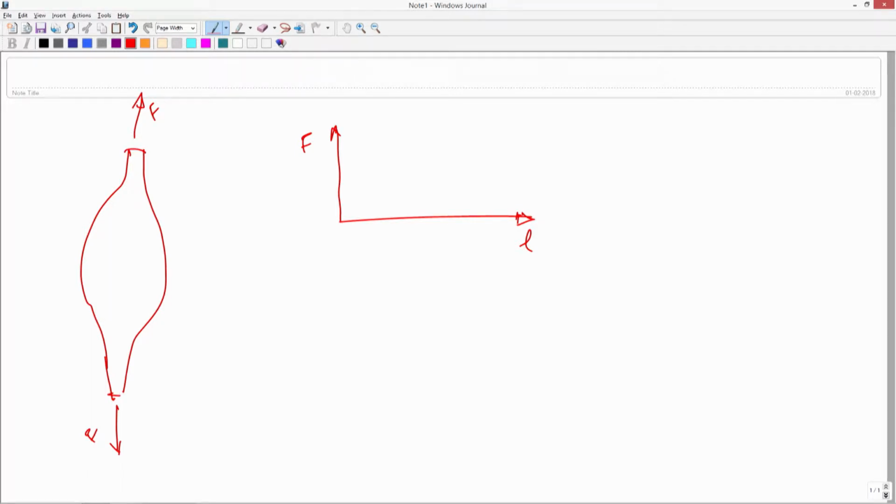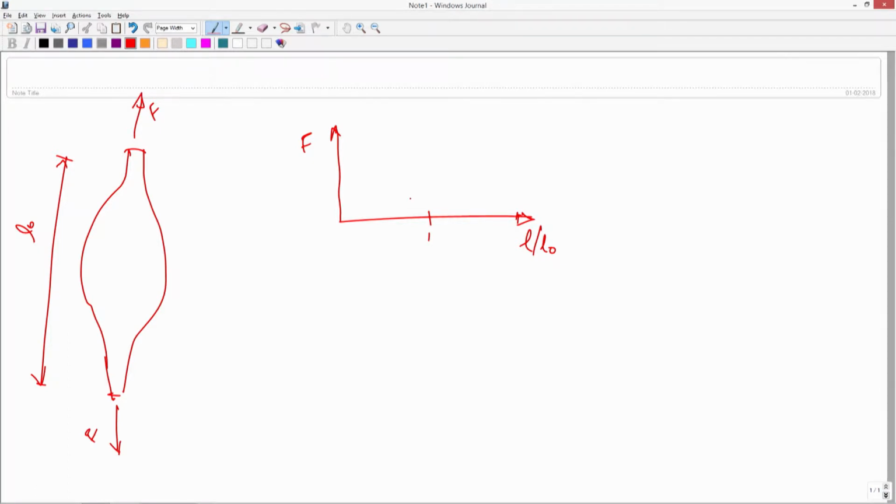It has some original length, a starting length, the initial length L naught, and any longer stretch is going to be L naught plus something, right. So, let me normalize this with L naught, and let us say 1 means it is at the resting length.